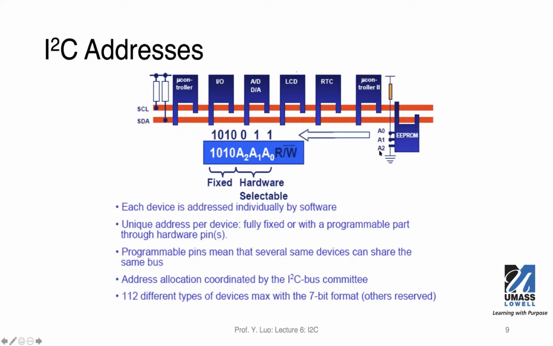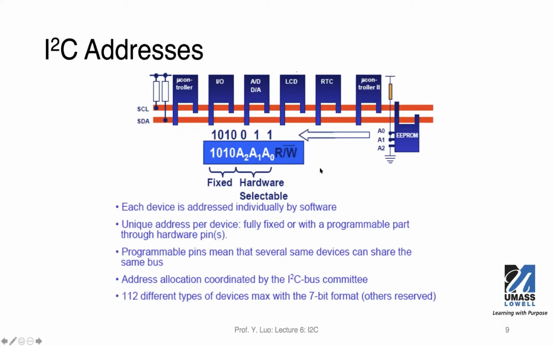So in this case, the way we connect to it, this is the VCC. Can you tell me what is the 7-bit address of the EEPROM chip? Zero 1 1.